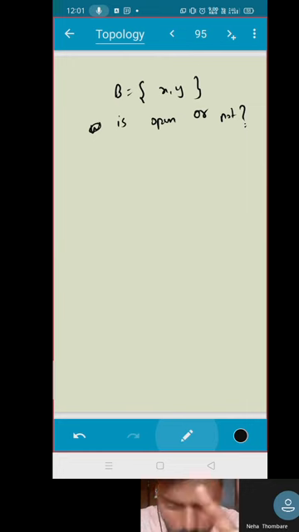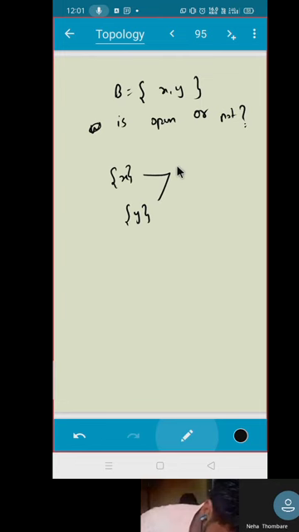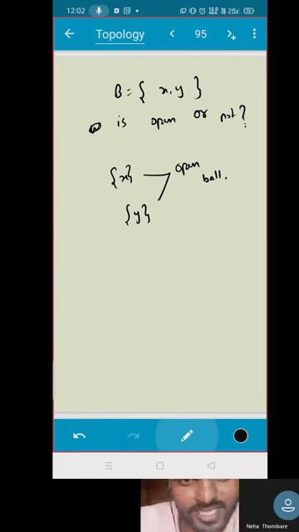So if you take points, they are already an open set only. They are already open balls, correct? Because I know that singleton sets are open balls for me. For each point, the singleton set is the only open ball. I don't need any radius.